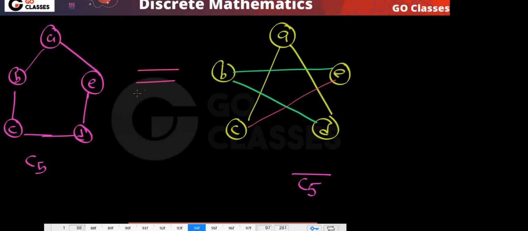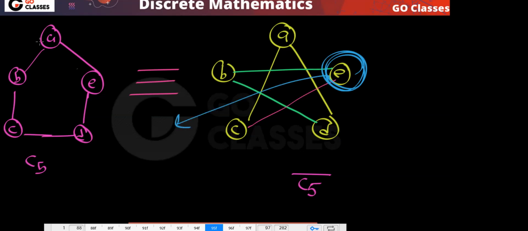Actually, they are isomorphic. You can check. How to make sure they are isomorphic? Tell me what you will do. Twist. Just pick this and pull this here, on this side.